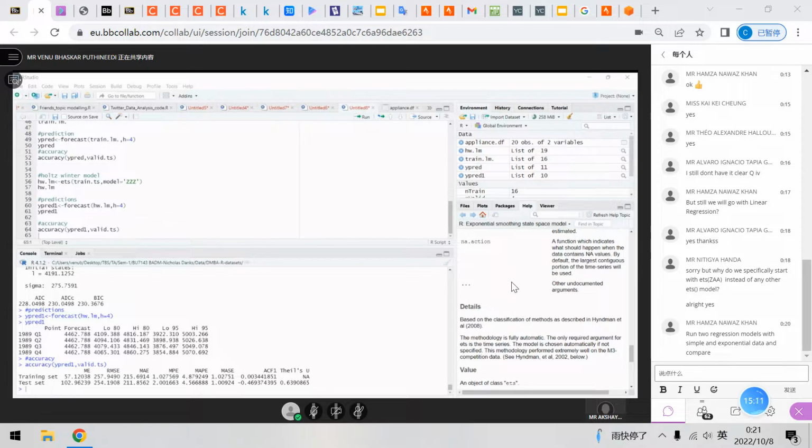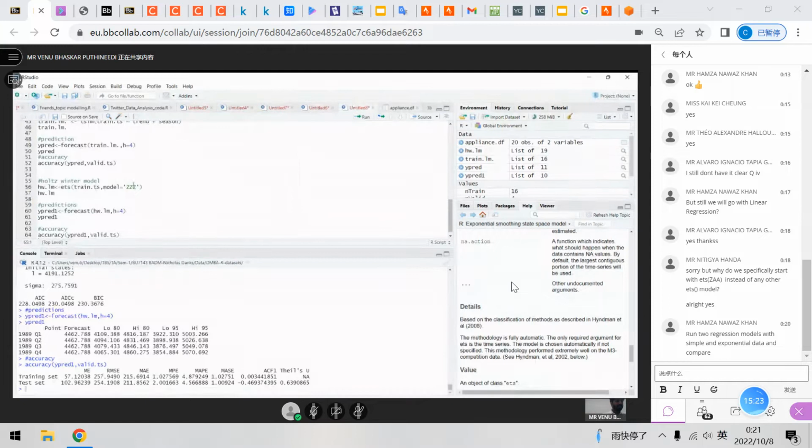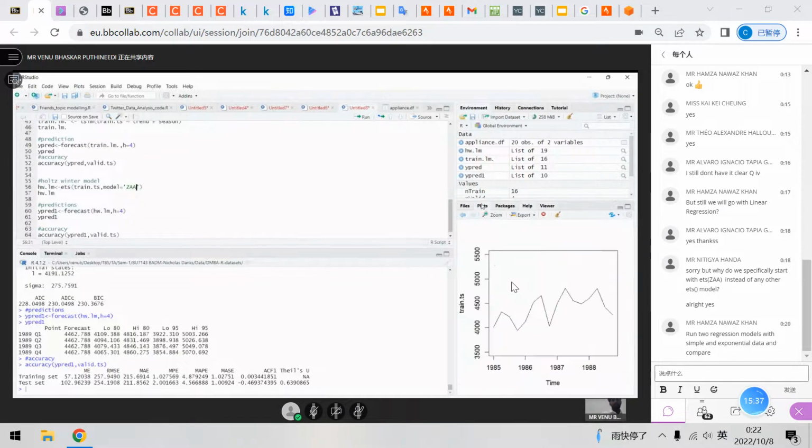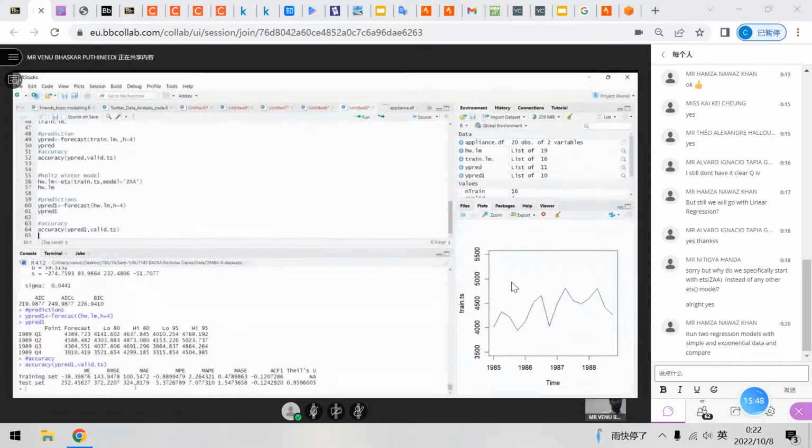Okay. Let me put it in a different manner. Imagine for the first model where we have considered ZAA, do you understand why we are using ZAA here? Yes. Because we have seen the plot to have additive seasonality and additive trend. So what is happening is when we use this model, we get an accuracy score of 7.07 for the MAPE value, right?